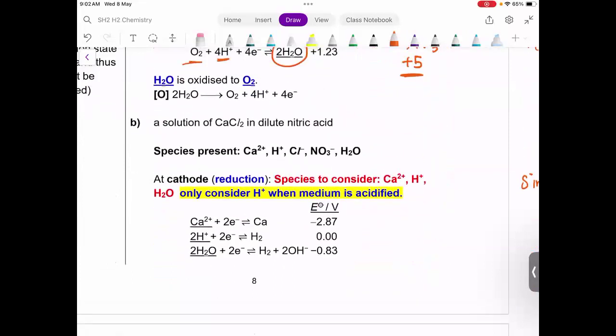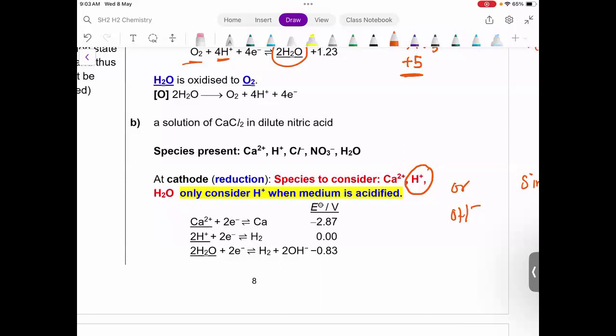So for part B, I want to highlight: only consider participation of H+ or OH- if you are using an acidified medium or alkaline medium, respectively. If it is just aqueous, no H+, no OH-.